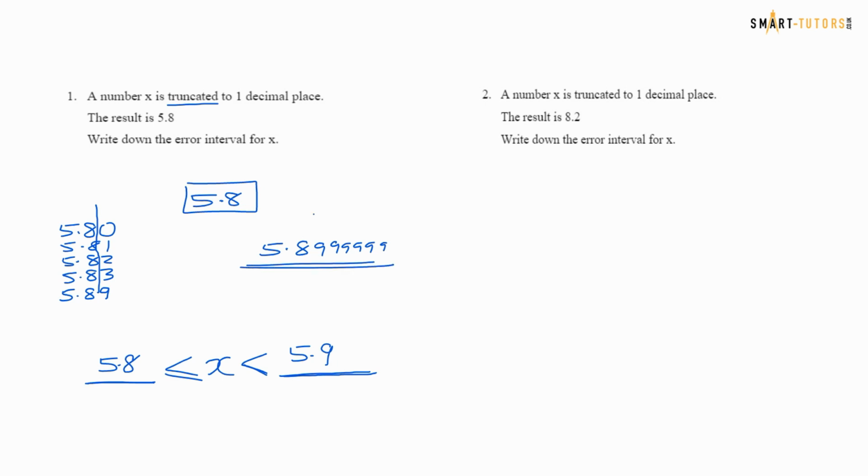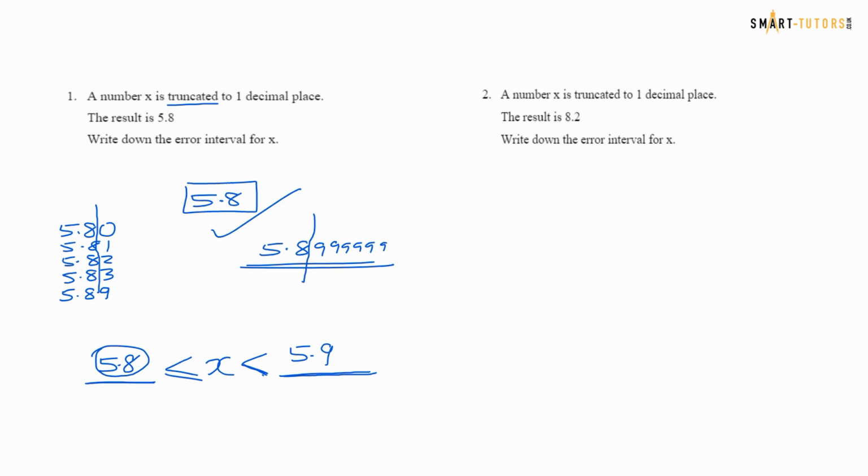But if you truncate to 1 decimal place, it's 5.8. So the 2 numbers in the error interval are 5.8 as the minimum number and 5.9 as the maximum number. It can't be equal to 5.9, there's no equal sign here, but it can be equal to 5.8. So between 5.8 and 5.9. That is the answer for question number 1.